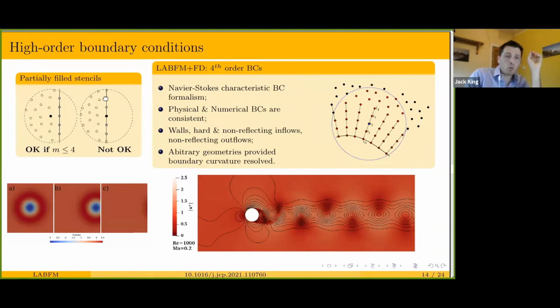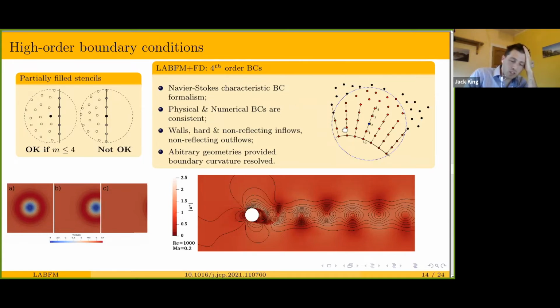However, if we go all the way to the boundary, then even at 4th order, these stencils aren't okay. They're okay in terms of accuracy, but not in terms of stability. The filtering technique that we have at the boundaries can't handle the high wave number noise that these stencils would introduce. So here's where we combine with finite differences.